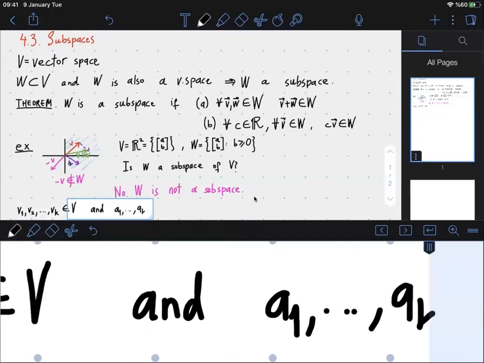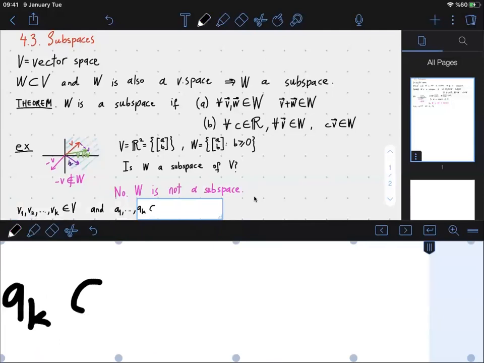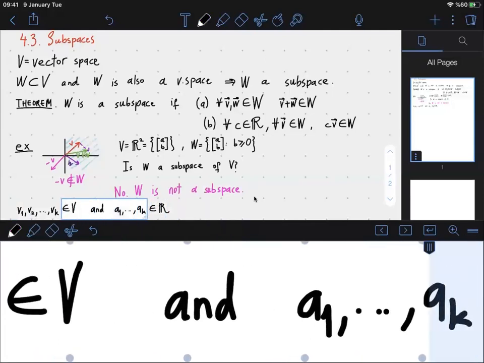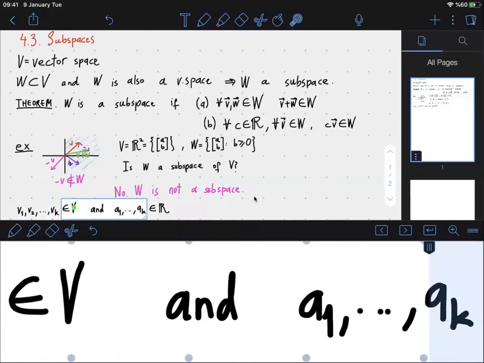So these are real numbers. We don't specify which vector space V is, so it can be any vector space: vectors in R2, R3, Rn, the vector space of polynomials. Doesn't matter. The definition works for all of them.